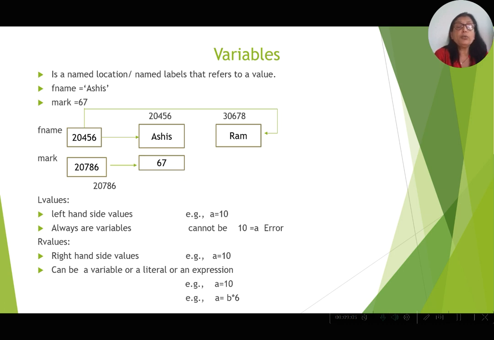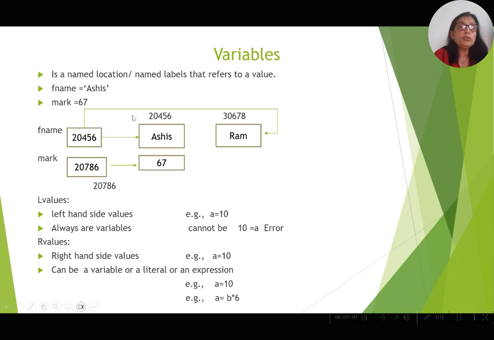Variables is what? It is a named location or named label that refers to a value. Unlike traditional programming languages, where the variable is a container that holds the value, in this case it does not hold the value, it just refers. Referring means wherever the value is stored, that memory address will be stored in another memory location, and that will be labeled with the variable.